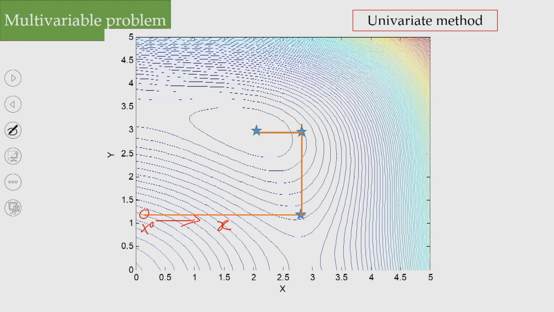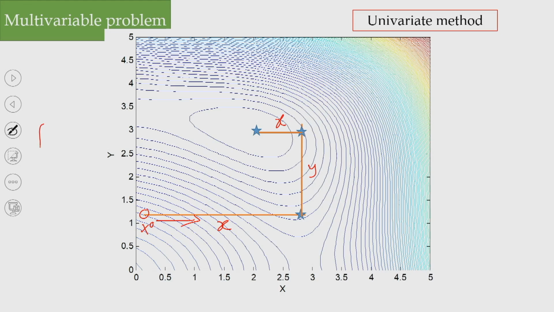If you have x and y variables, initially you will go along the x direction, then the second time you will choose another variable, that is y. So you are going along the y direction, then again the x direction. This method is known as the univariate method, going along one variable at a time.